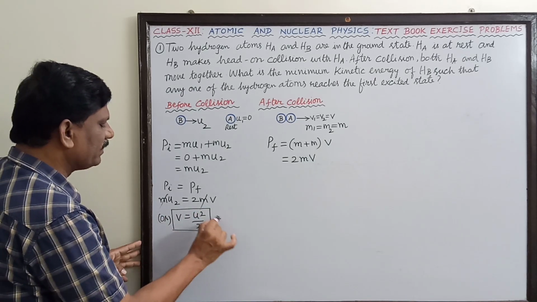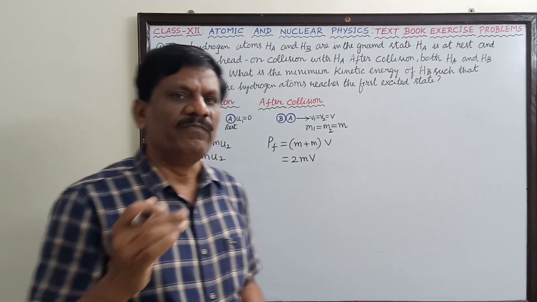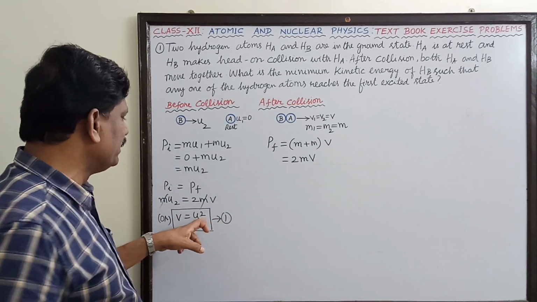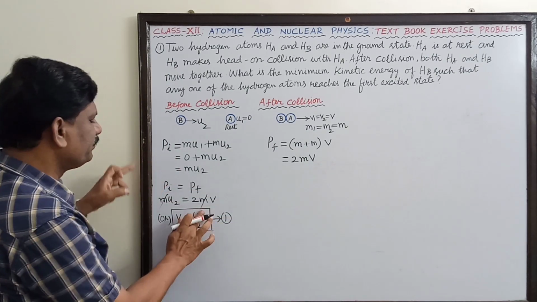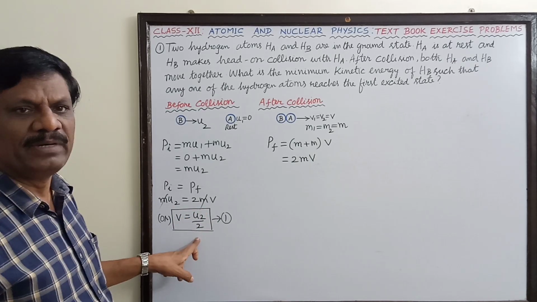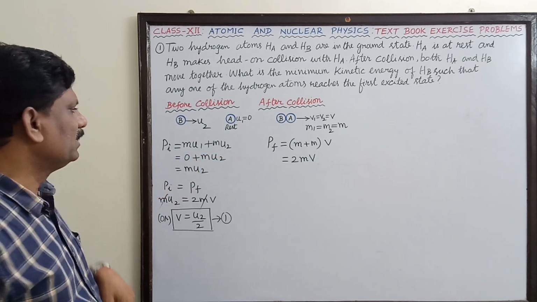So this is the first equation required for us. We have arrived at the relationship between the final velocity V and the initial velocity of hydrogen B, which is U2 divided by 2, based on the law of conservation of momentum.